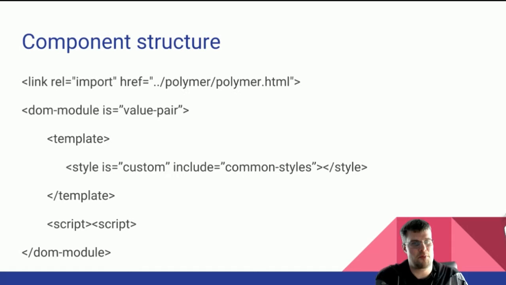This is the component structure, and this component has first off your links to the different Polymer components that are required to build your component. In my case, I only have the Polymer import, but you can have a lot of imports with different components that you would like to have dependencies to and use in your component.